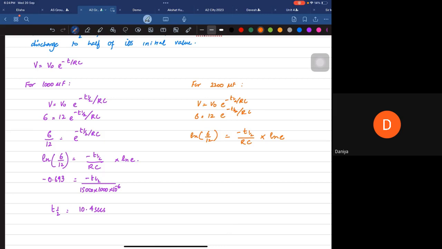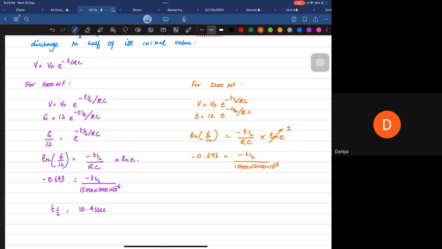Now, what you do next is, this is just one. So this will be minus 0.693. This will be half. This is 15,000. Now this is 2200 times 10 raised to minus 6.